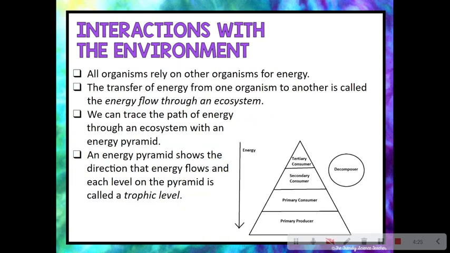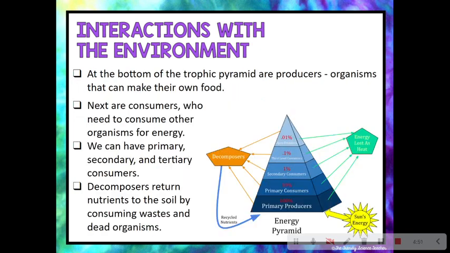All organisms rely on other organisms for energy. The transfer of energy from one organism to another is called the energy flow through an ecosystem. We can trace that path of energy through an ecosystem with an energy pyramid. An energy pyramid shows the direction that energy flows, and each level of the pyramid is called a trophic level. Now, at the bottom of the trophic pyramid are producers.